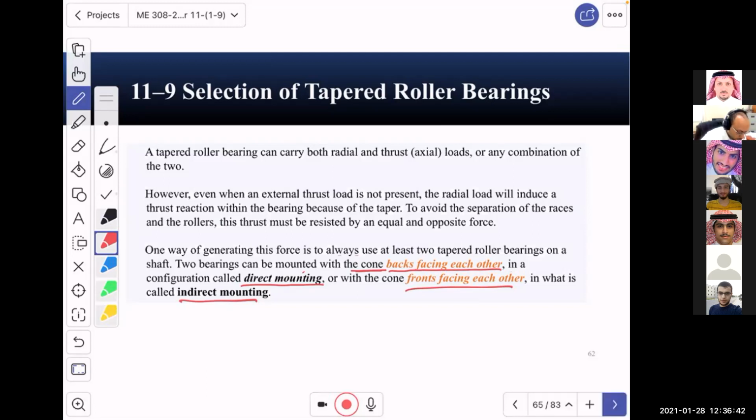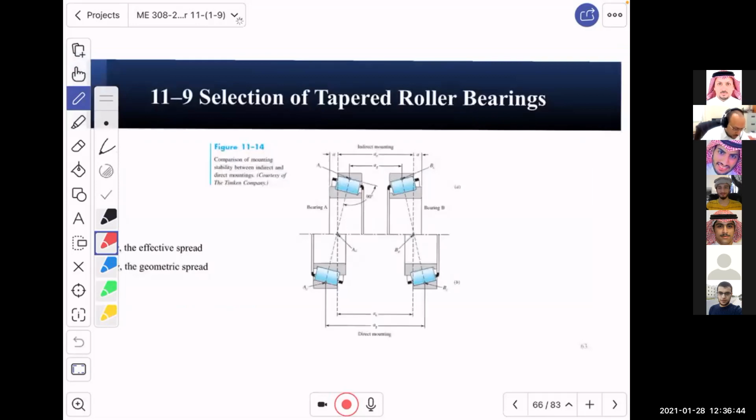Okay, so if you look in here, what do we have? We have indirect mounting and we have direct mounting. And as you see in here, the two are either back to back, or they are face to face.